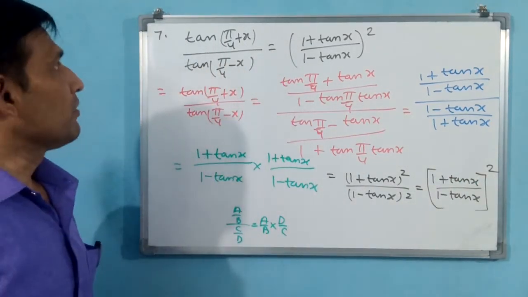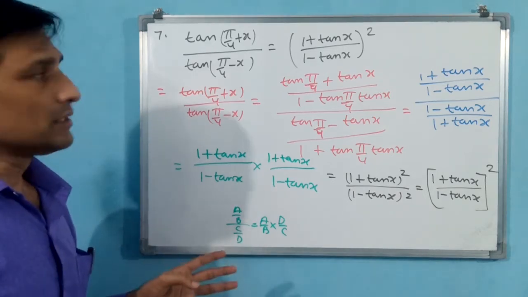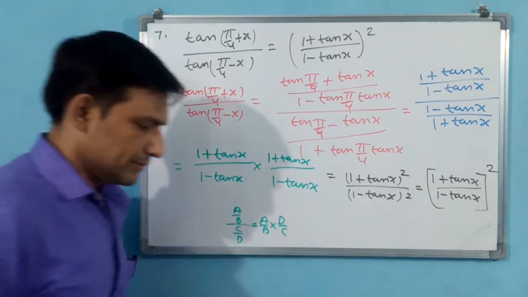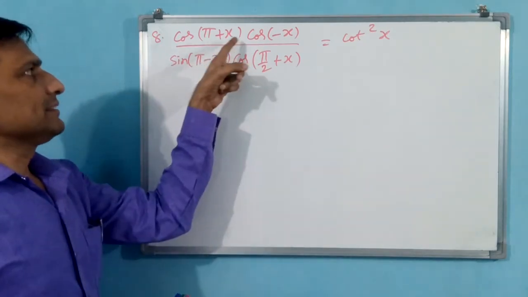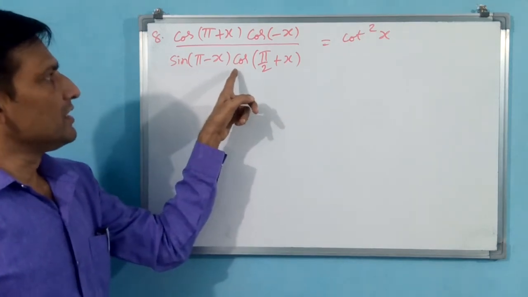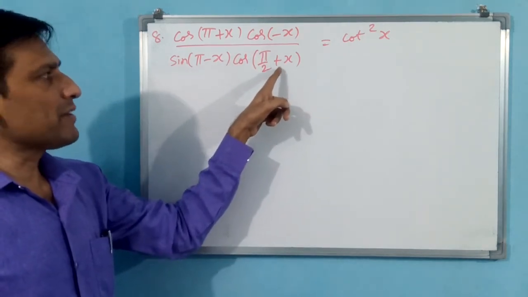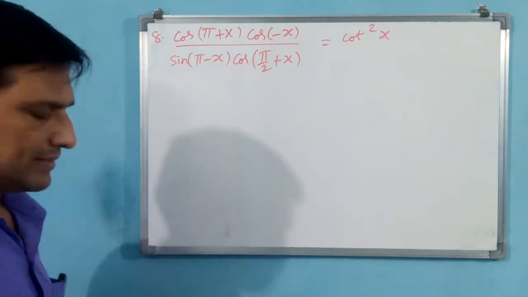This will be your RHS. Note it down. We go for the 8th question. You see, cos of pi plus x, cos of minus x divided by sin of pi minus x, cos of pi by 2 plus x. This we have to show is equivalent to cot square x.